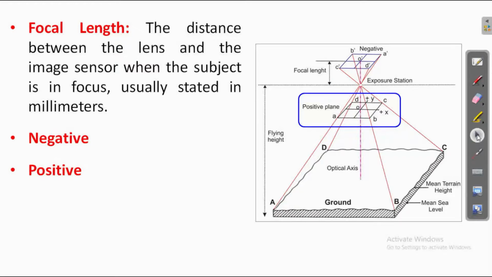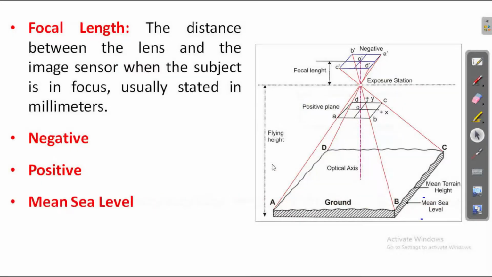Next important term in aerial photography is the mean sea level. Mean sea level is the one of the height considered from the mean sea level. Mean sea level is important to calculate the height of aircraft in the atmosphere. Another term in aerial photography is the mean terrain height.